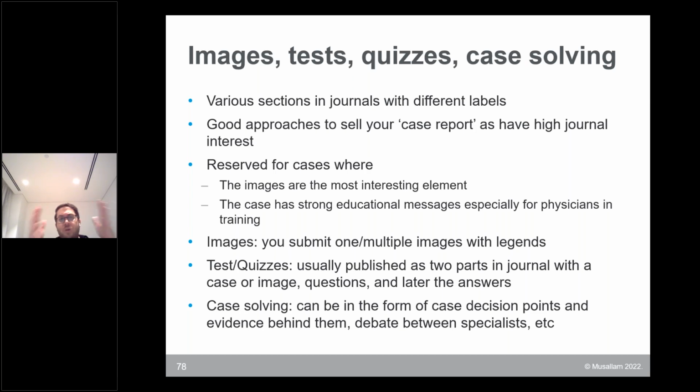It's very small, I know, it's one page, but you still have it in the New England Journal of Medicine, for example. Sometimes some journals have a quiz section, where you put the case report and you ask the reader, what do you think this is? And then the answer comes on a different page later on. Something like that will be very interesting for the journal.